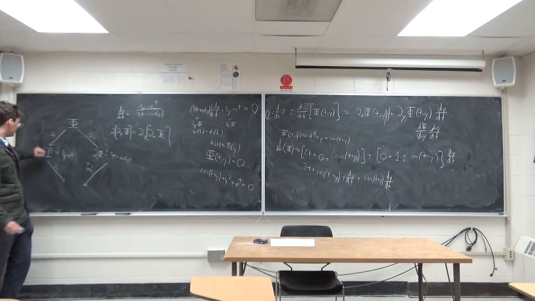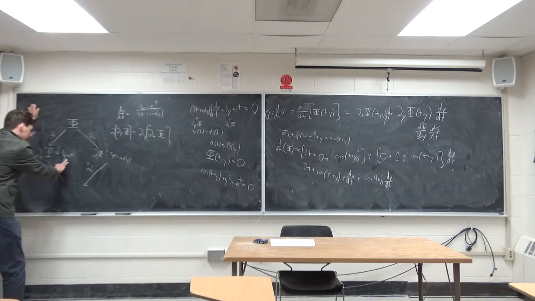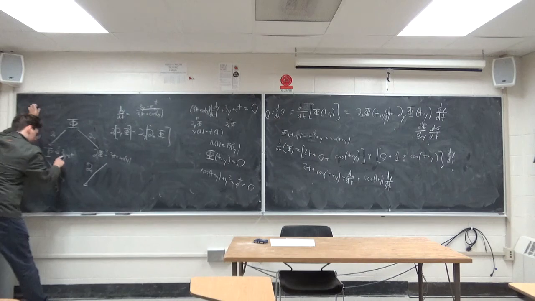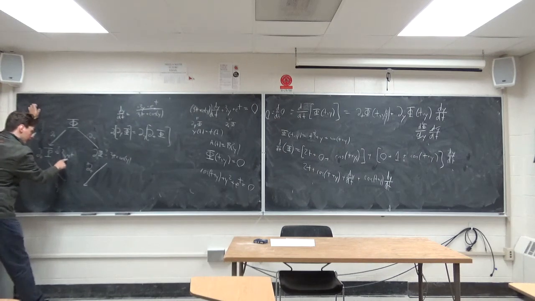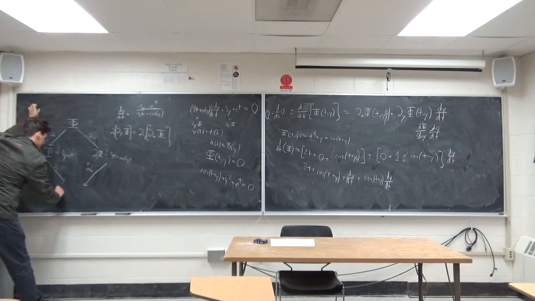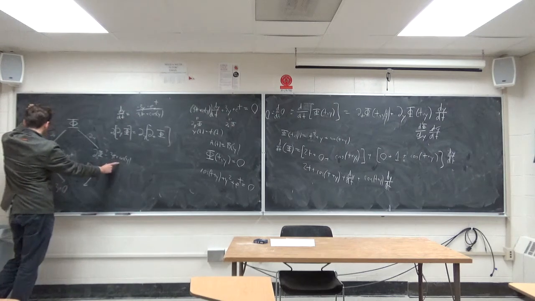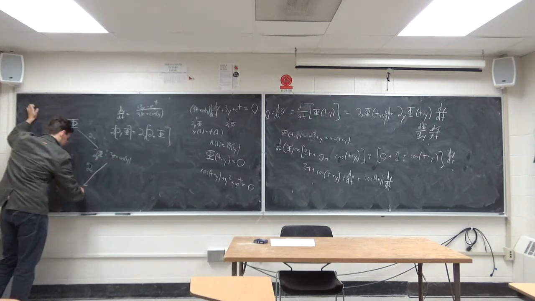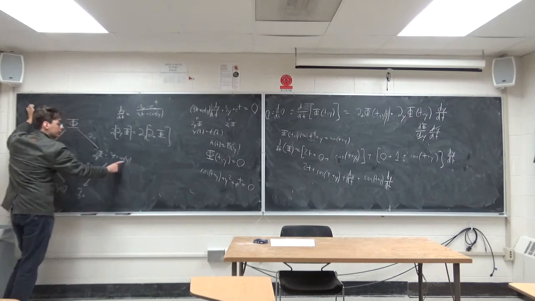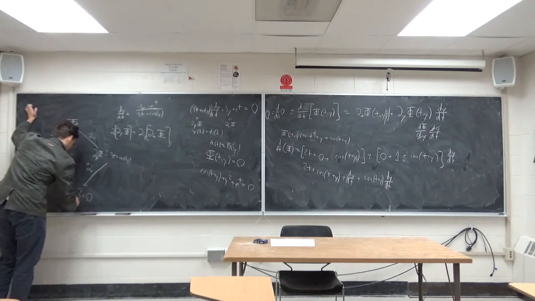Let's take the y derivative on this guy. The y derivative on 3y will give me 3. The y derivative on e of t is 0. What does the t derivative on this guy give me? Well, it gives me 3, and then the t derivative on this is 0.